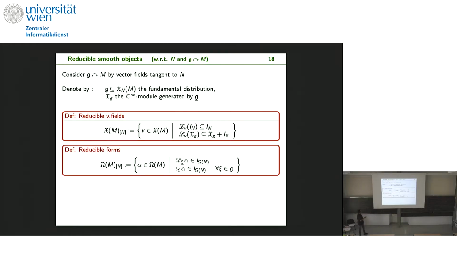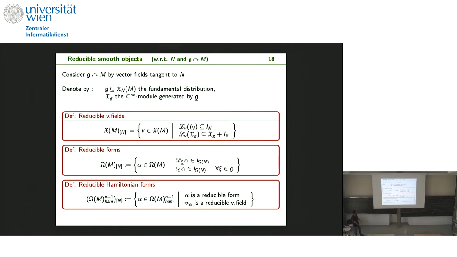And in similar fashion, we also define reducible forms. These are such that to be preserved, I mean locally preserved, along the action. So locally, because this is not zero, but it's something that vanishes over N, and also horizontal in this sense.